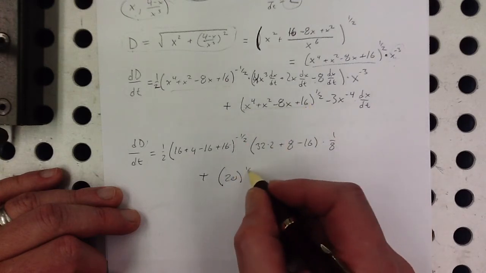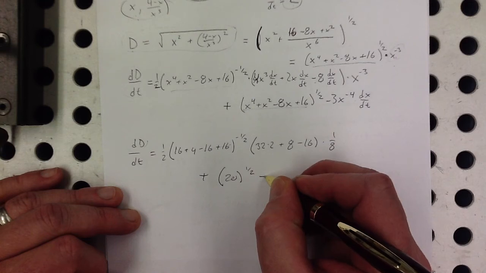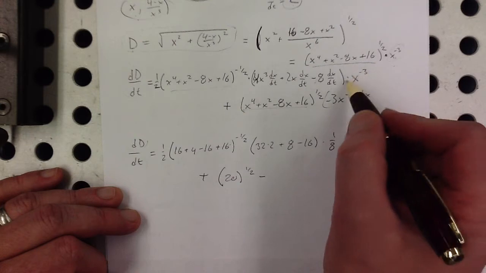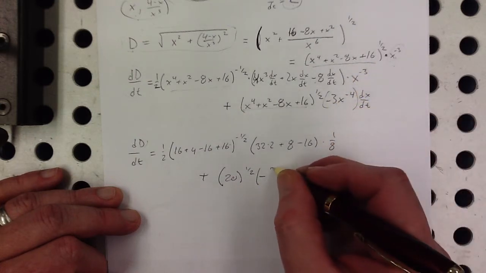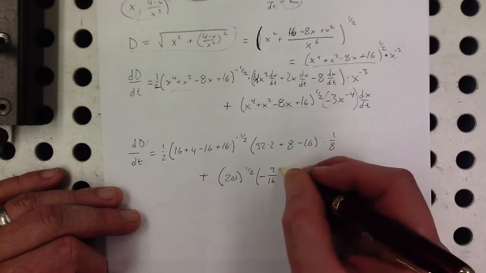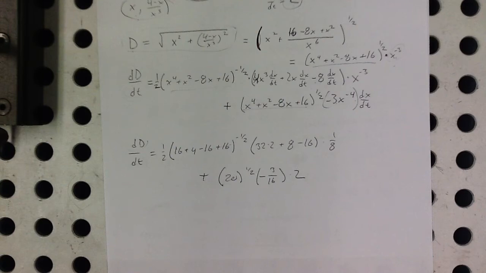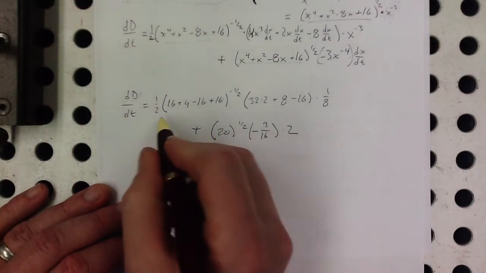That's this thing, to the 1/2. Minus, no, sorry, that's times, isn't it? Times negative 3x to the negative 4. That's negative 3 over 16 times dx dt. Okay. And here, let's see.